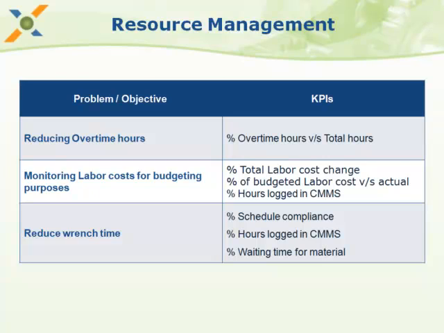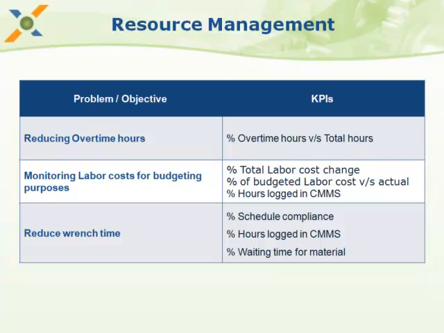Those things will help identify how many hours are actually logged within CMMS, and then if required, you can ensure that the rest of the hours are also logged or accounted for, which will help address the wrench time, or the time that is not billed or not utilized. Labor utilization can be improved.